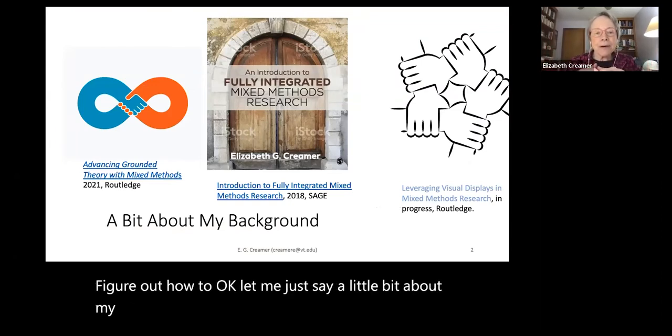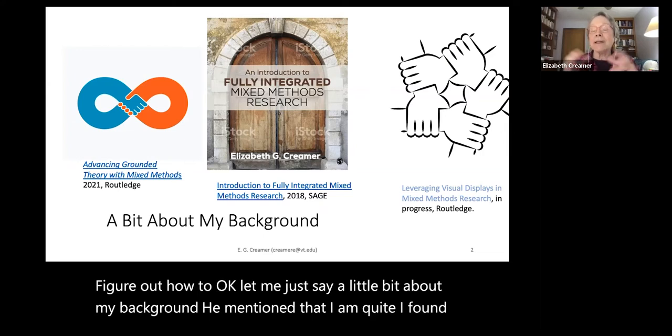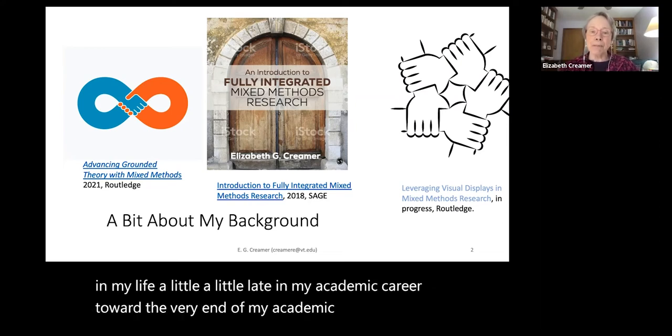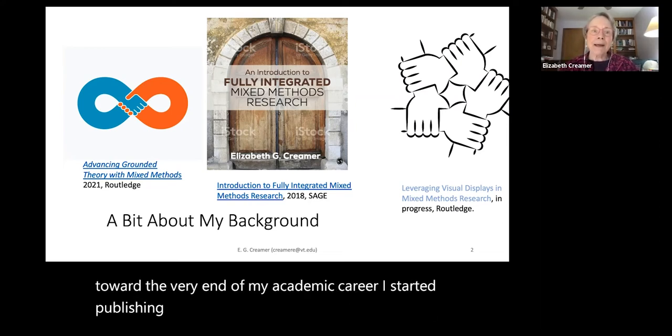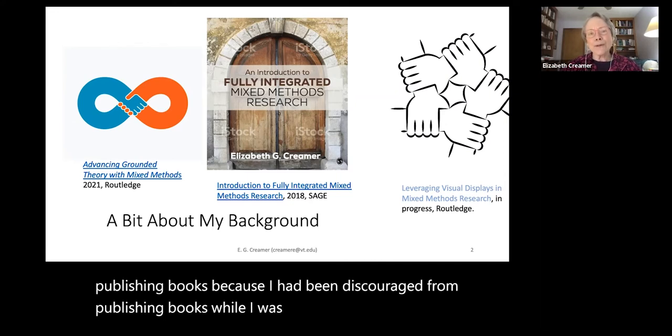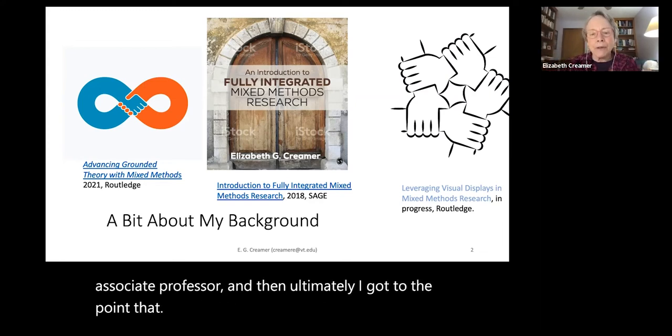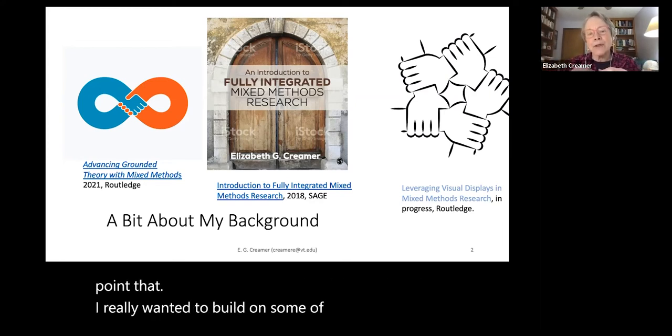He mentioned that I found my life a little late in my academic career, actually. Toward the very end of my academic career, I started publishing books because I had been discouraged from publishing books while I was an assistant and associate professor. And then ultimately I got to the point that I really wanted to build on some of the teaching that I had been doing.